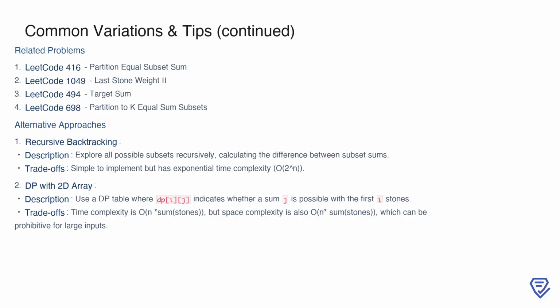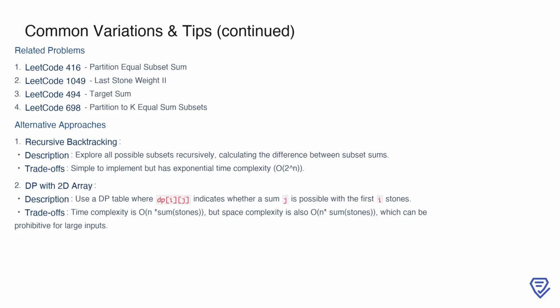Now, in terms of alternative approaches, recursive backtracking is one option. This involves exploring all possible subsets, calculating the difference between their sums. While straightforward to implement, it has exponential time complexity, 2 to the power of n, which makes it impractical for larger inputs. Another option is using a 2D dynamic programming array.